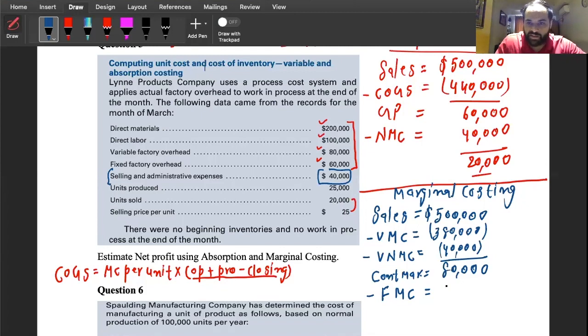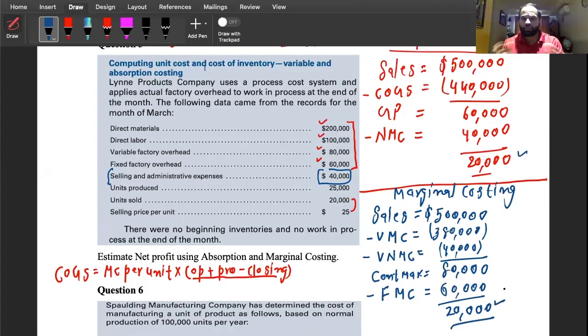Yes, 60. So that will be 20,000. So it's going to be the same here because we did not estimate any per unit. So for that reason, your answer for marginal costing and absorption costing is the same.